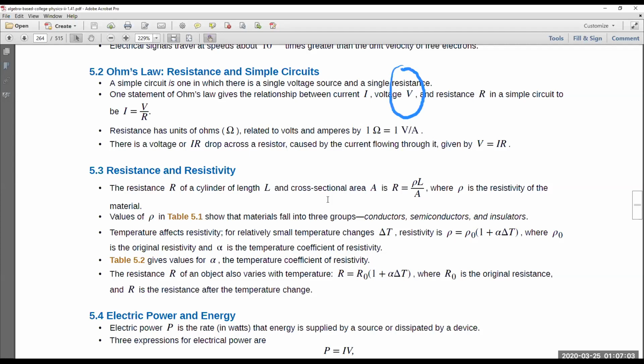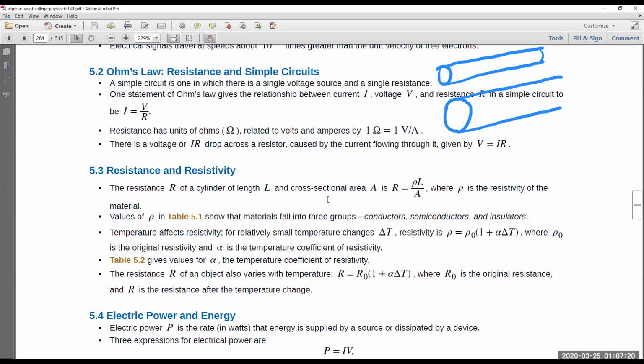So let's say we have 2 pipes. I have a tiny pipe and I have a larger pipe. In which of these pipes will water flow through more freely? Obviously, the second pipe, the one with a bigger cross section.